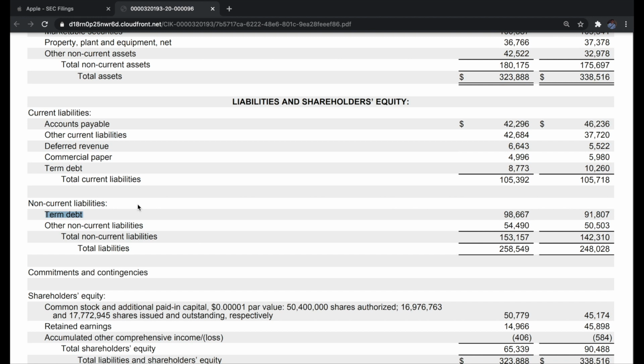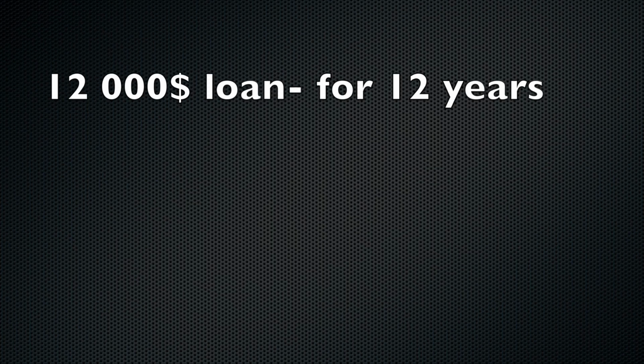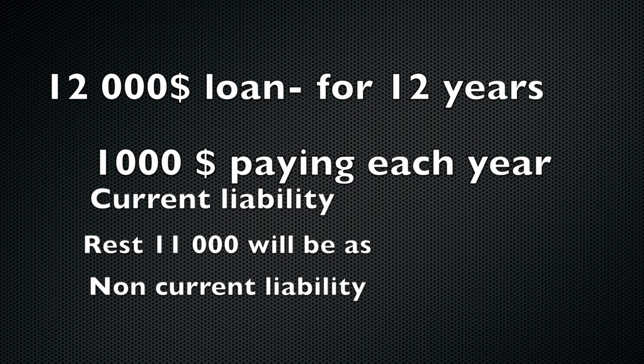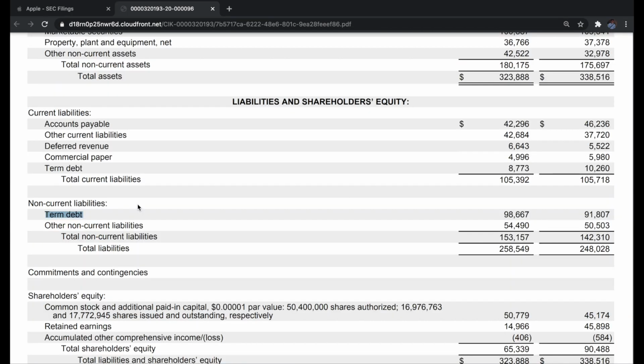If you take $12,000 of loans from a bank for 12 years, let's say, you have to be paying back $1,000 each year. So the first $1,000 that you have to pay will obviously be in current liabilities, and the rest will be in long-term liabilities. So that's how it is. But even though they are located in different positions, that's actually the same debt.